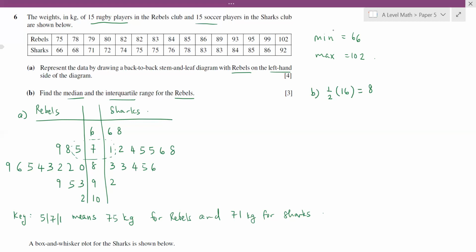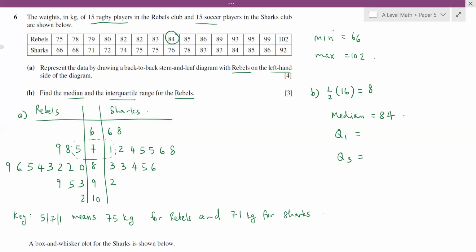We have 1, 2, 3, 4, 5, 6, 7, 8. 8 is 84. And over here, we say that the median is 84. We have 84 as the median, and we need to find the interquartile range. So to find the interquartile range, we need to find Q1, the first quartile, and the third quartile. The interquartile range is the difference between these two.